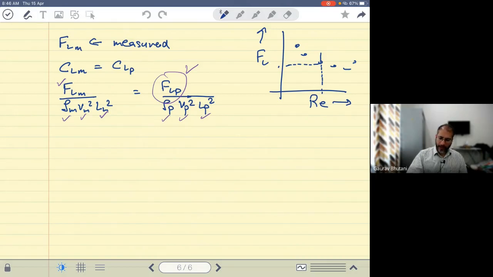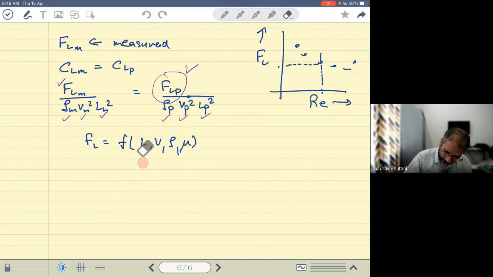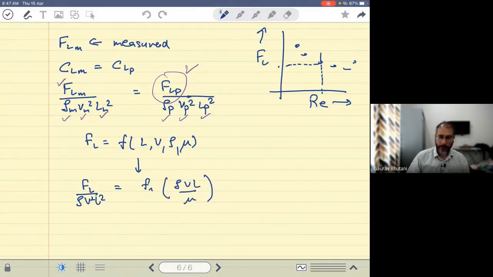Good. So we now understand that this relationship, where lift force is a function of L, V, rho, and mu, was simplified to this relationship.